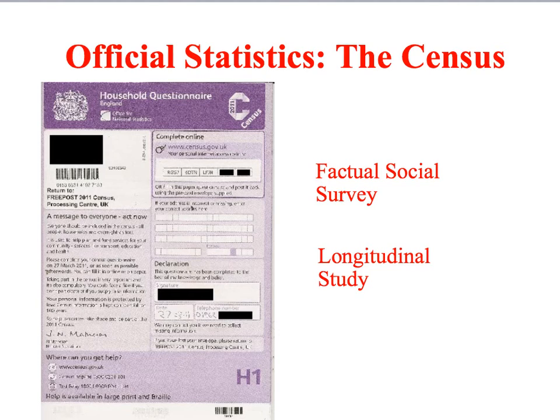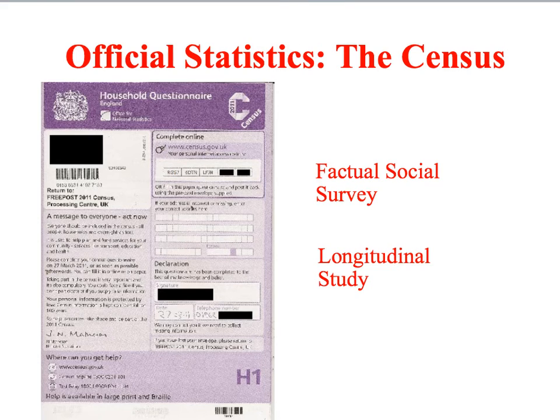In addition to looking at primary data, it's important in the exam to be prepared for questions that might ask you about secondary data. For example, you might get a question about the usefulness of government statistics in sociological research, what we call official statistics. The census is a major source of official statistics by the government, and also a good example of a factual social survey which is carried out using, as you can see, self-completion questionnaires.